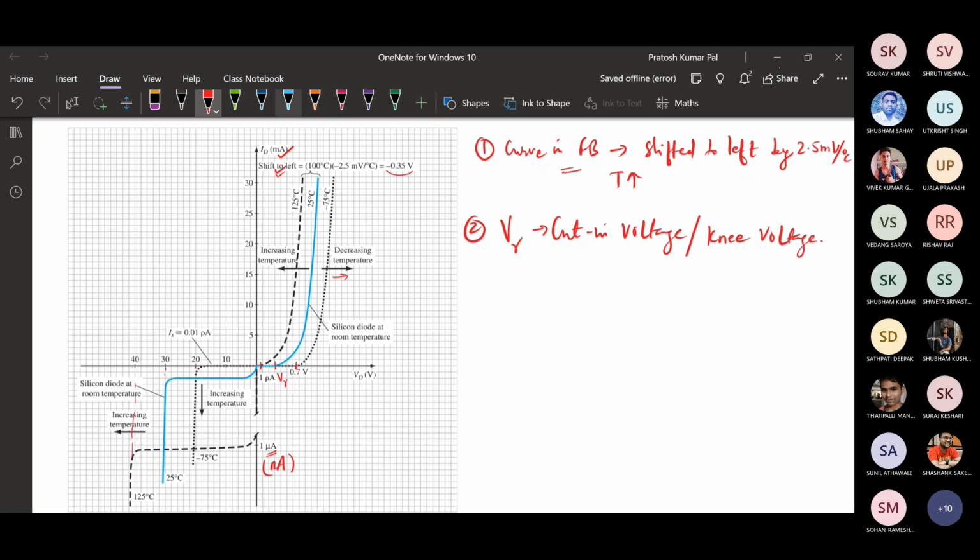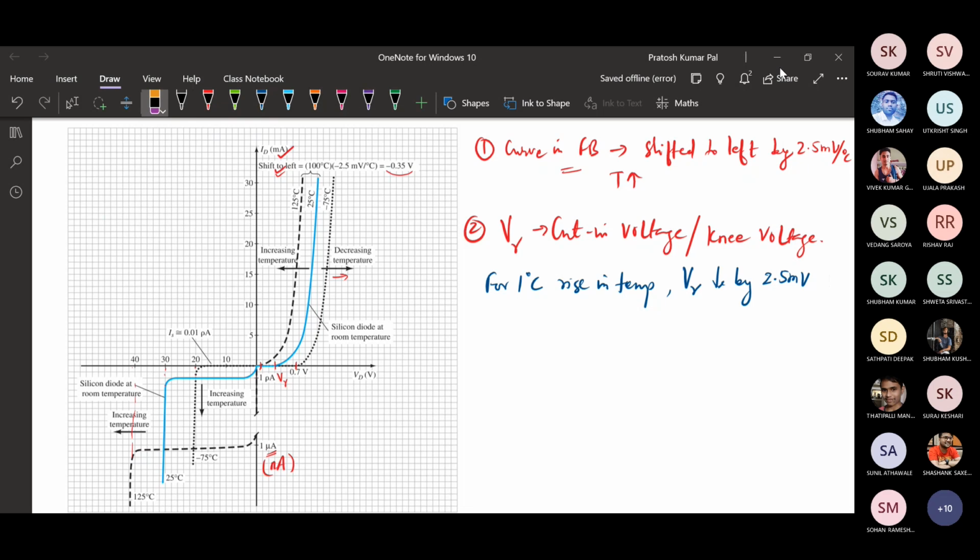Once we increase the temperature, this knee voltage will shift such that for 1 degree rise in temperature, the cut-in voltage V gamma will decrease by around 2.5 millivolt, or sometimes it is called 2.3 millivolt, per degree centigrade, or we can just consider 2.5 millivolt.